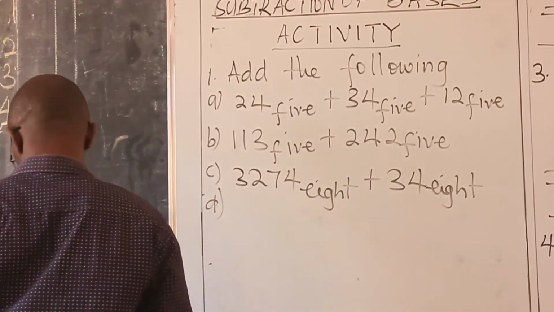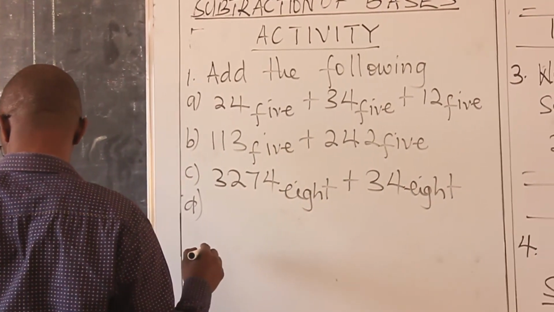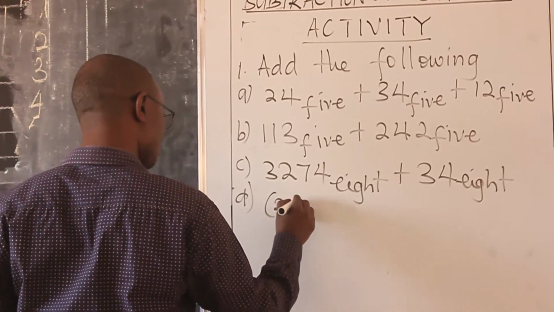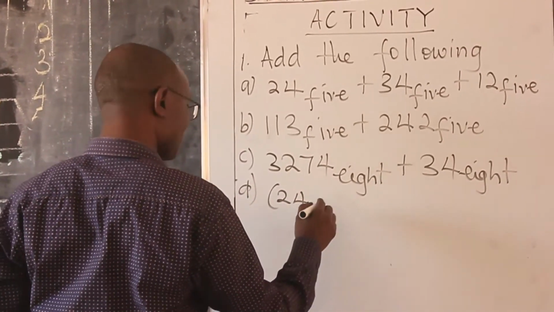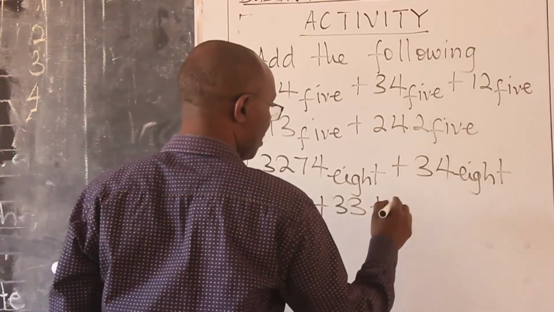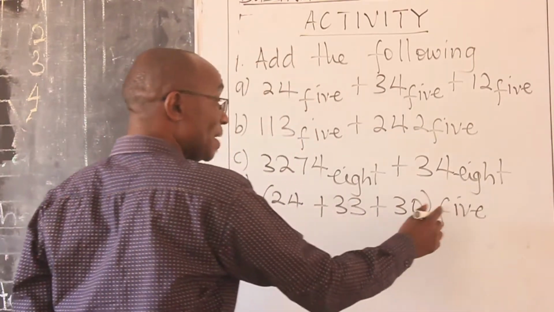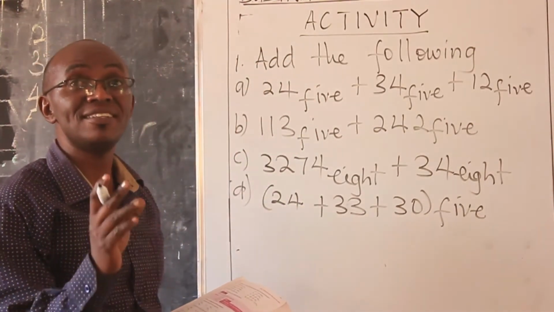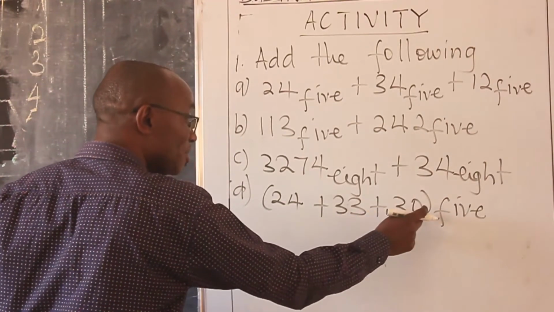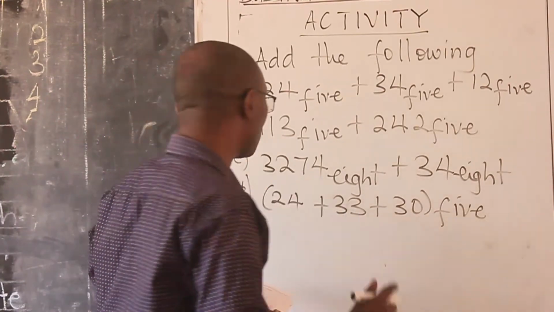Question D. I can write this in brackets: 24 plus 33 plus 30, all in base 5. Here there is another trick. The base is written outside the bracket, but this is just to confuse you. Since it is outside, everything inside is in base 5. So you shouldn't get confused.